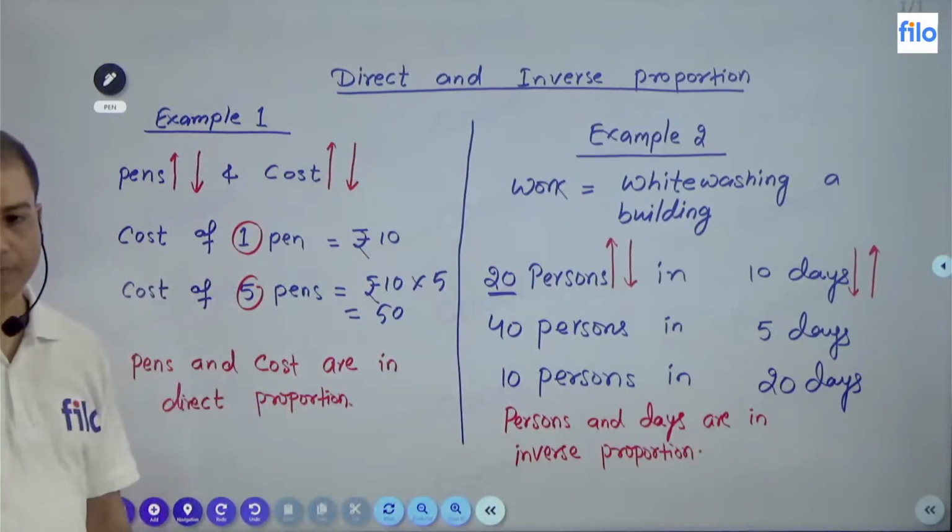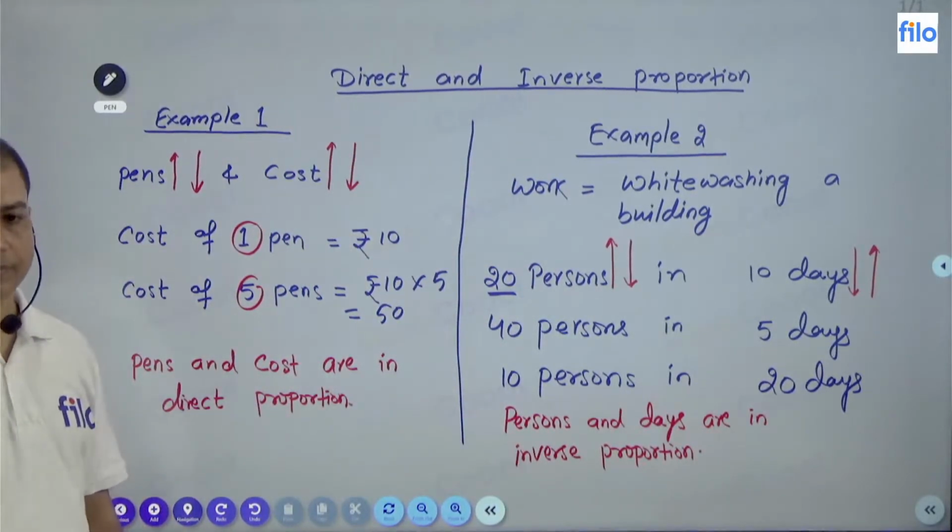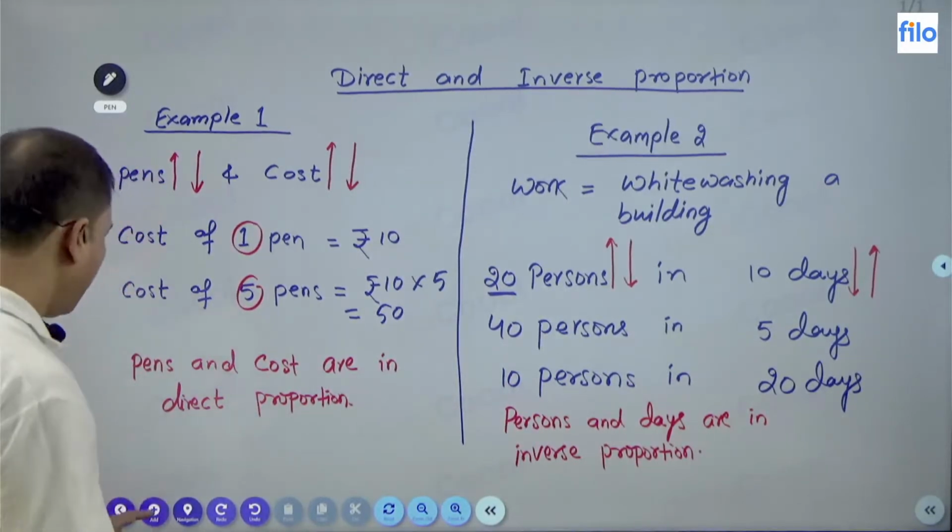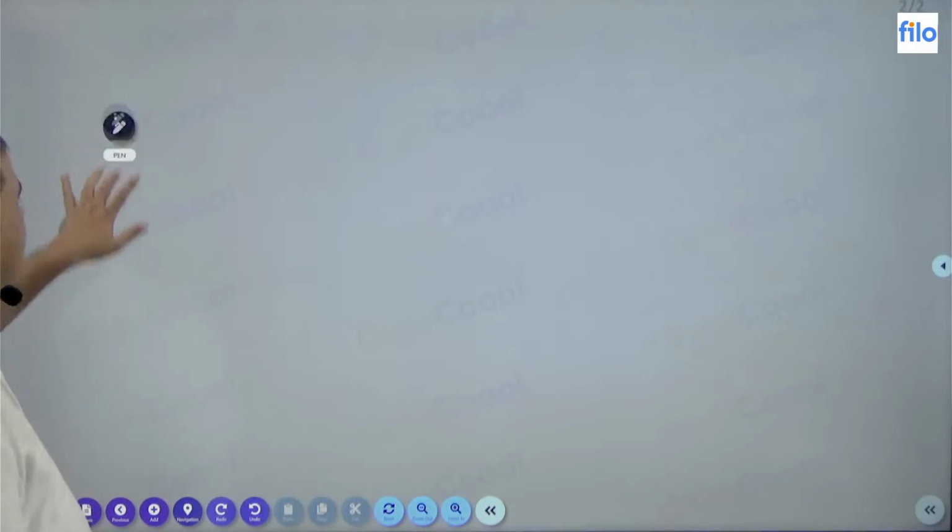Any confusion? No, sir. Okay. Let's move on to the next page.